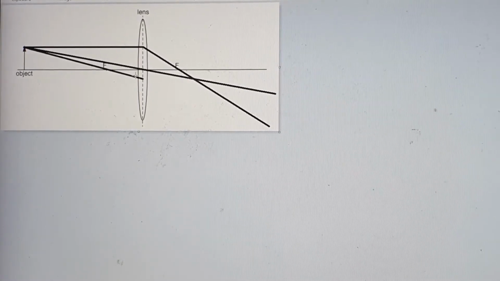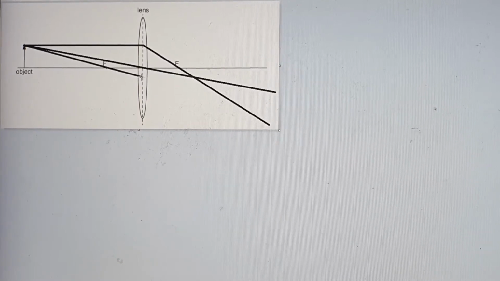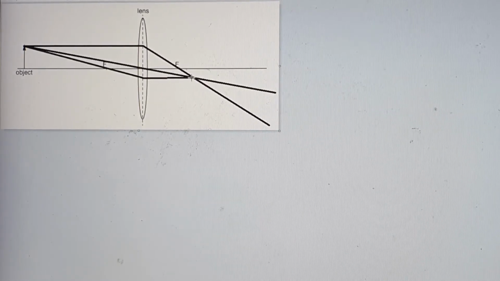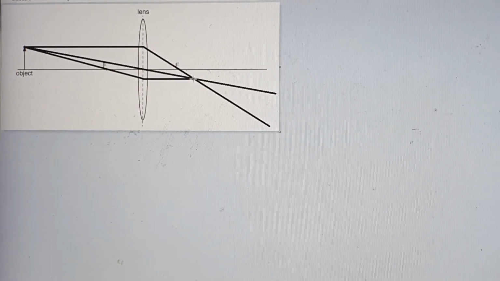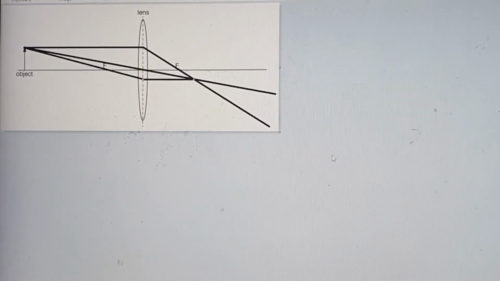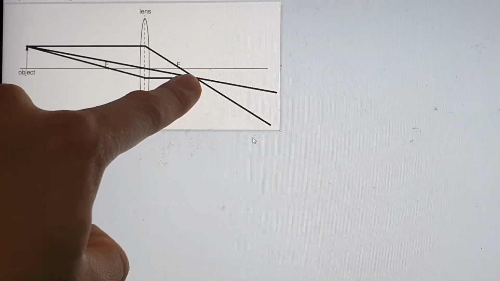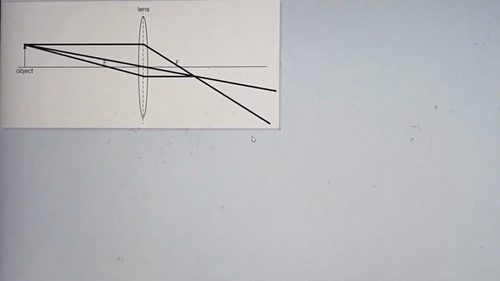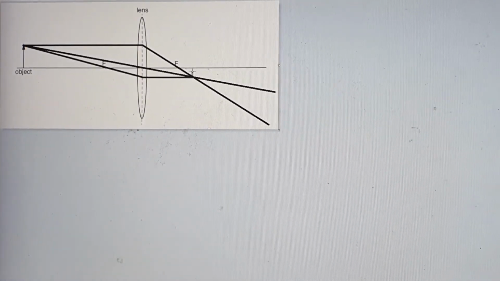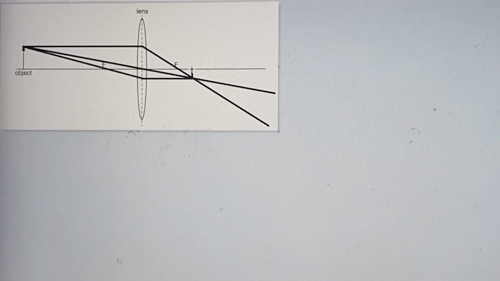And then from there, it has to be parallel to the principal axis. Where that intersects is where the end of the image is. So you need to draw a line from here to the principal axis.